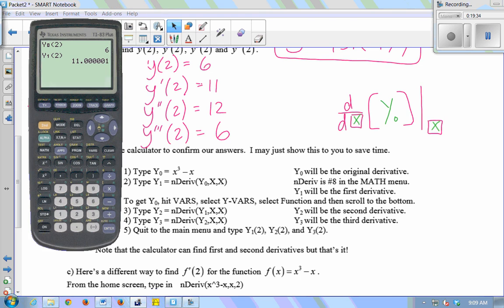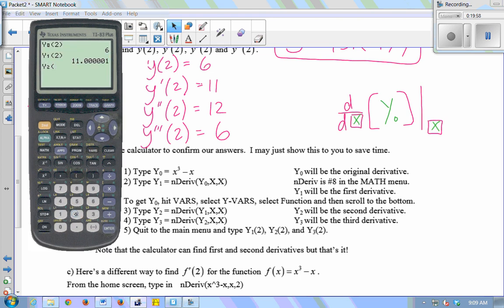11.000001. Sometimes your calculator does that because it's finding the derivative numerically, with a numerical algorithm, like it's doing f of 2 plus h minus f of 2 all over h and just using a tiny, tiny h. All right, and then I want to do y double prime of 2. So I use y2.